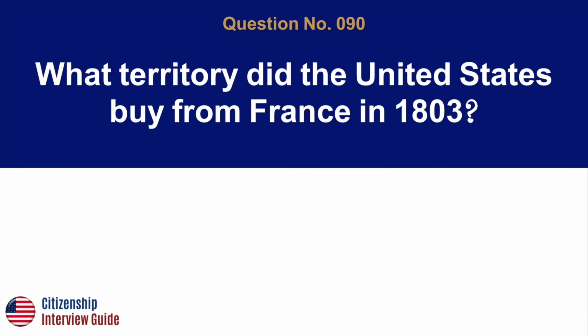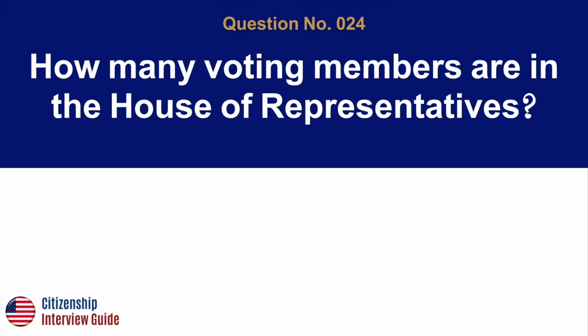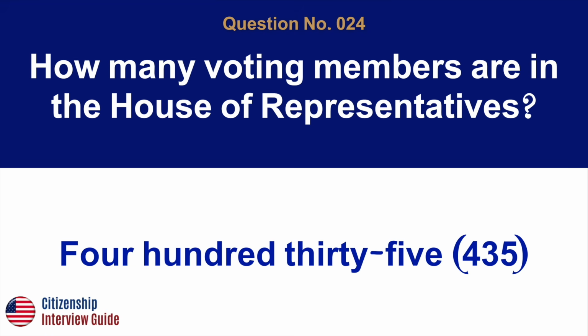What territory did the United States buy from France in 1803? Louisiana Territory. How many voting members are in the House of Representatives? 435.